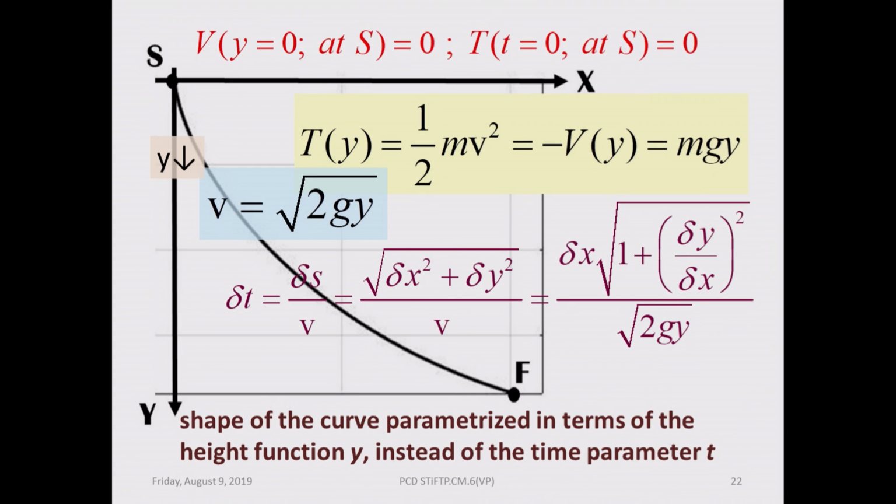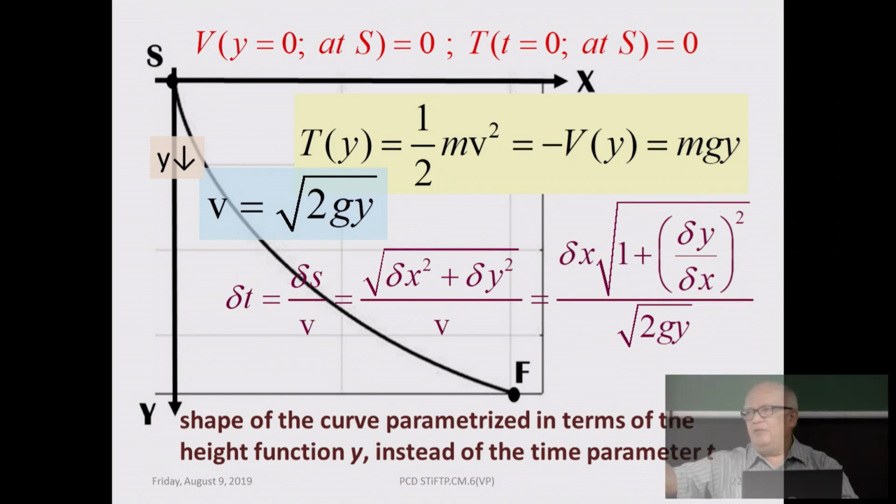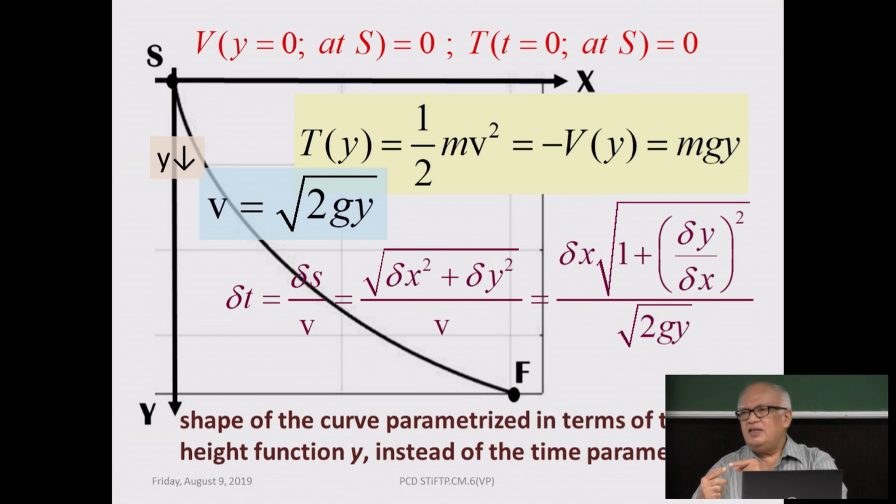And the time the object takes to go through an infinitesimal displacement delta s will be that divided by v. But that distance itself is the square root of delta x square and delta y square. That is just the Pythagoras theorem. So you're not worried about the curvatures because you're taking these intervals in infinitesimal limits.